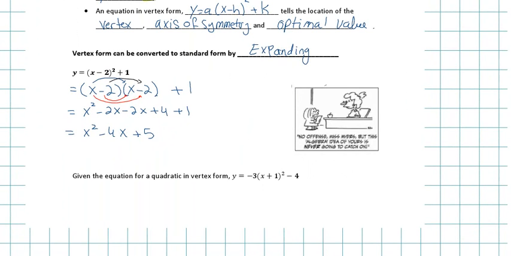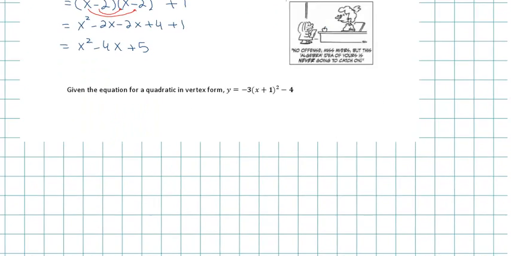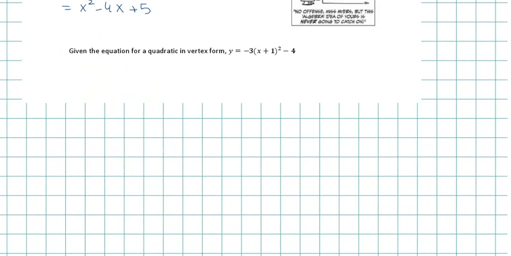Let's see how that would work. No, that's the thing. The -3, you don't multiply it first, because BEDMAS tells you, you have to do your exponent first. So that -3, you can't multiply it until after you do your FOIL. Otherwise, your whole answer is going to be wrong.